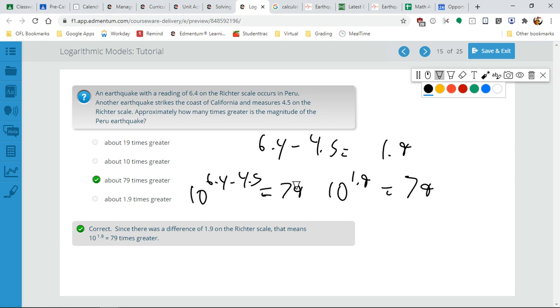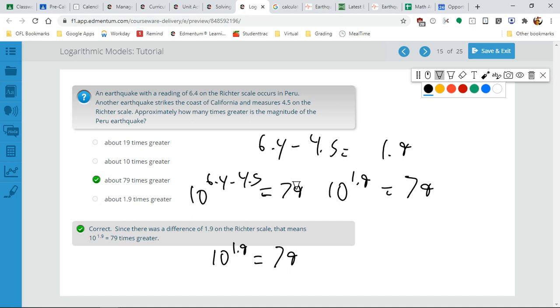So what we're doing here is we're doing this log 1.9 is equal to this 79. So this is our answer, which we still don't know, by the way.